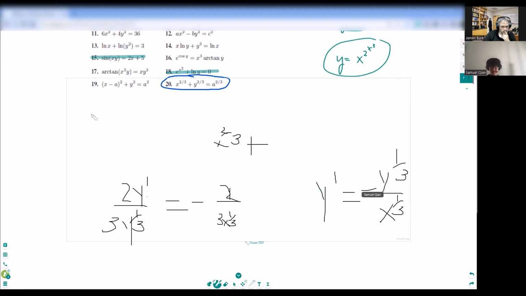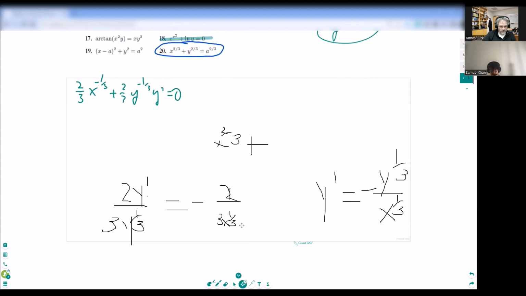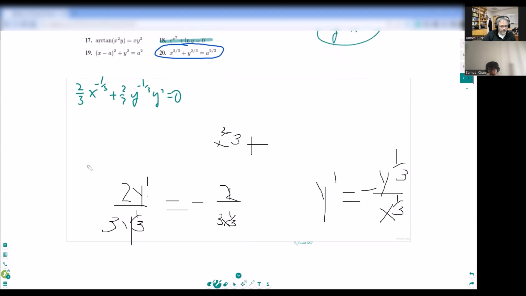Okay, so let's make sure you got it. You said 2/3 x to the negative 1/3, and then 2/3 y to the negative 1/3 y prime equals 0. And then you move things around. You subtract it to the other side.